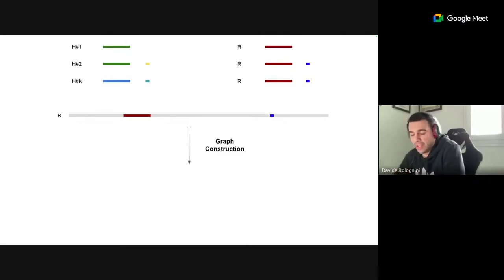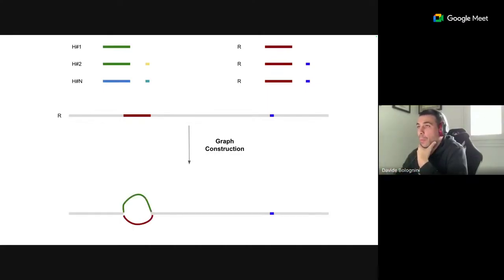And then you can use these variants to construct the graph. In particular, the graph they construct is acyclic and directed, and it is constructed by progressively inserting the variants of all haplotypes into the linear reference genome. So basically, you start by inserting the green block here, and you generate this bubble.